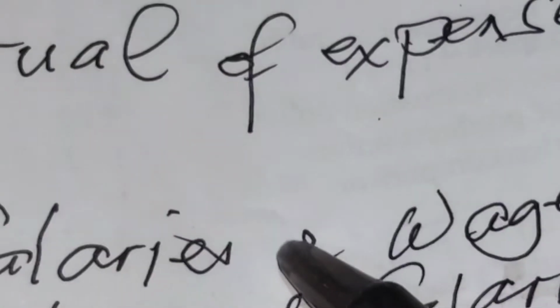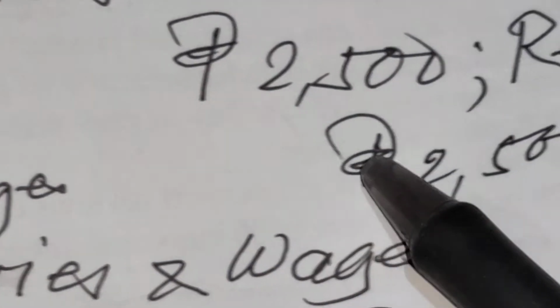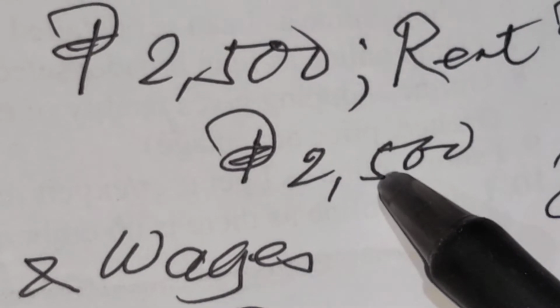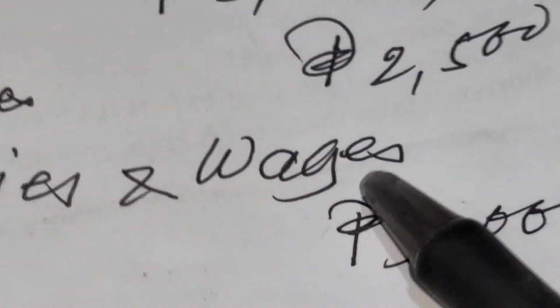You debit 2,500. Since you accrued, it increases your expense, 2,500. Since you have not yet paid, or it was delayed, you credit accrued salaries and wages.